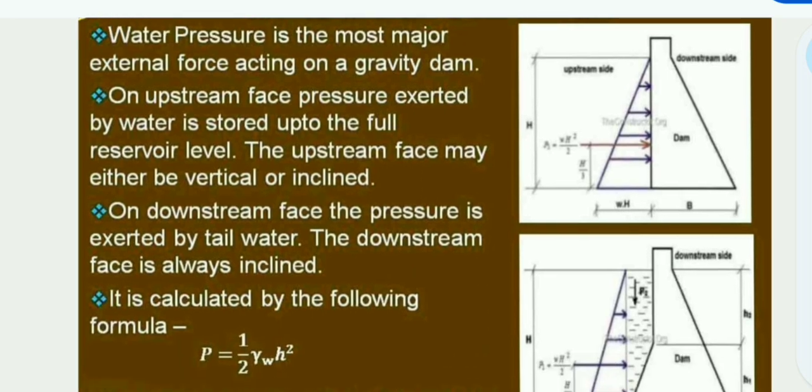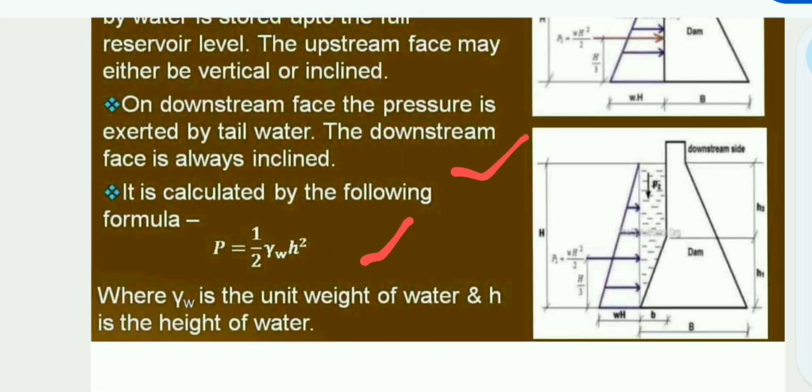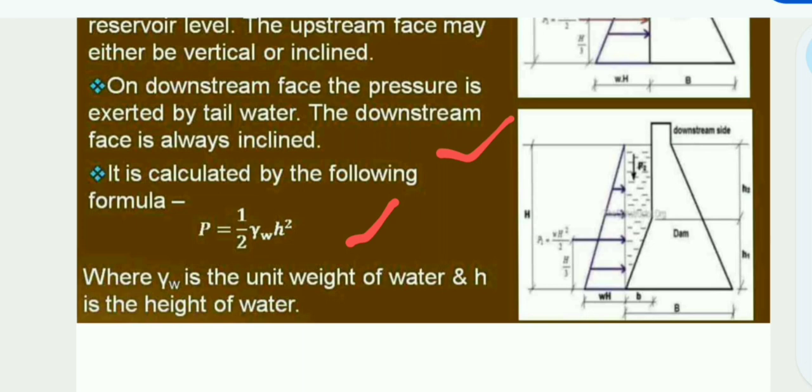On the downstream face, the pressure is exerted by tailwater. The downstream face is inclined. The formula is P equal to 1 by 2 gamma W into H square, where gamma W is the unit weight of water and H is the height of water.